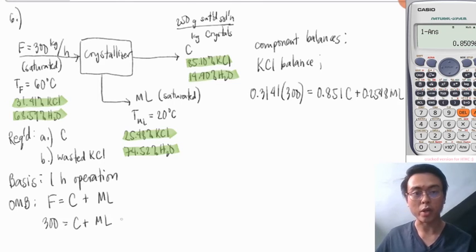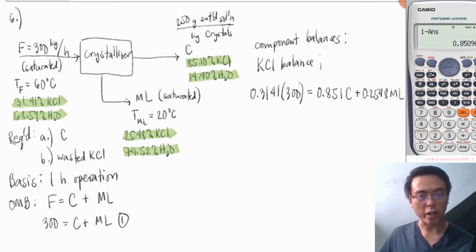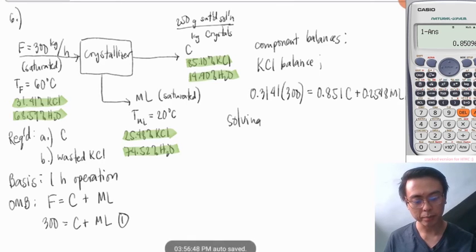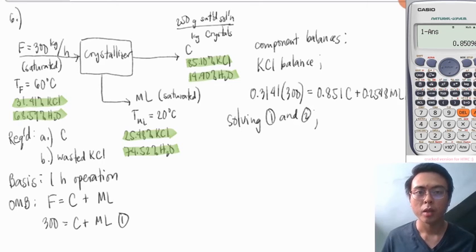This is your first equation. And then for your KCl balance, that is your second equation. We have two equations, two unknowns. You use your calculators to determine the values of C and ml. So solving 1 and 2, what do we get? So let's go to the calculator.